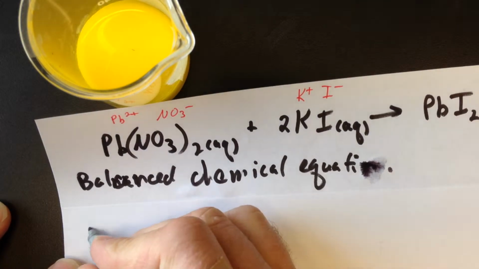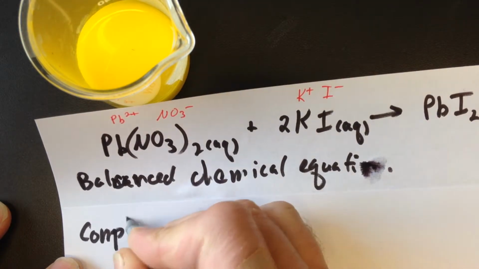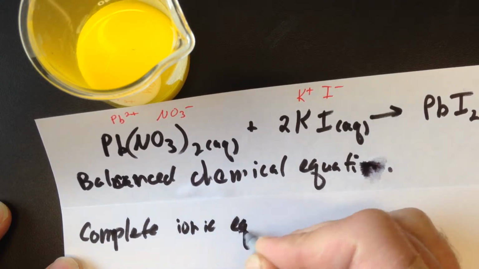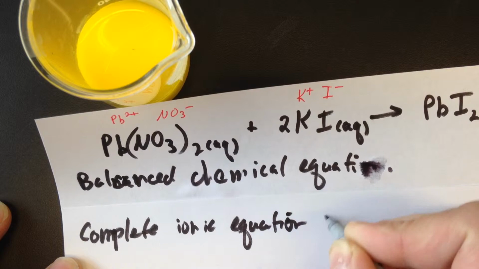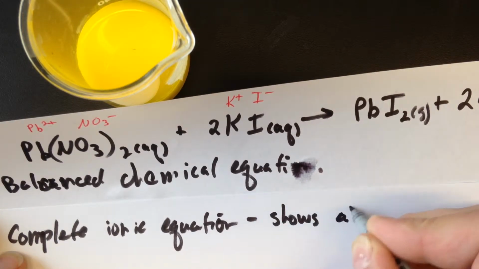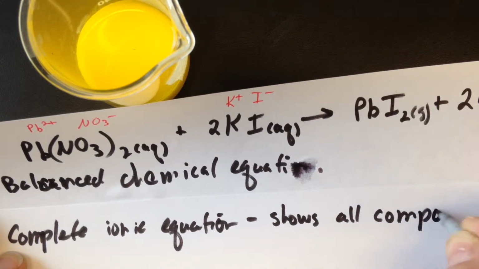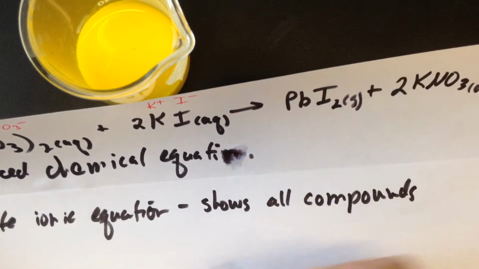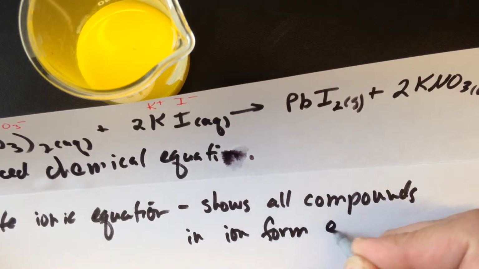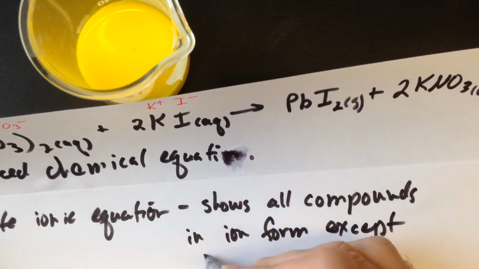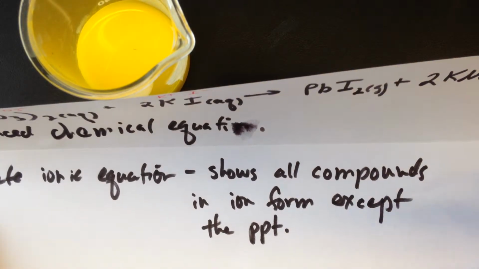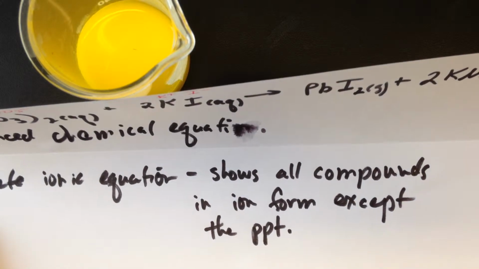So underneath here, complete ionic equation shows all compounds in ion form except the precipitate, and I like to use PPT as shorthand for precipitate.